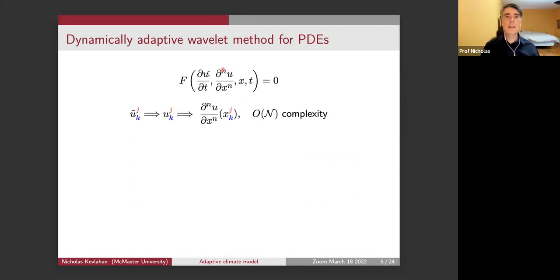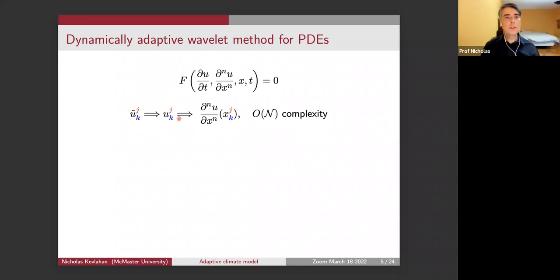A generic PDE involving time derivatives and space derivatives is something like this. These are our wavelets. We can do an inverse wavelet transform to get our scaling function coefficients. So that gives our solution at position k and scale j.